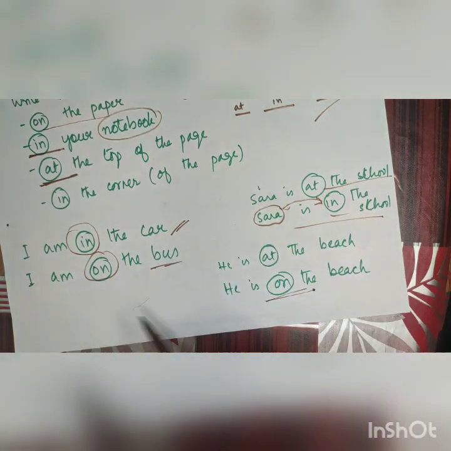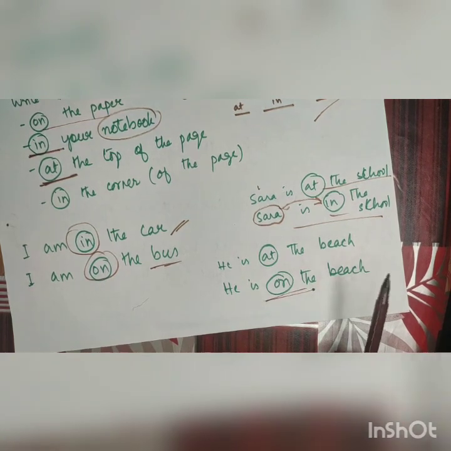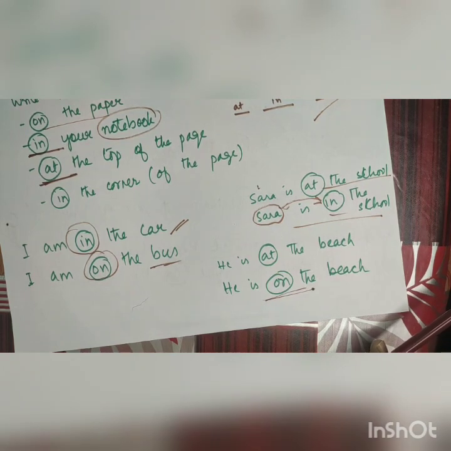There are certain small exceptions that we are going to study. Any confusion that you feel, you can ask me in the comments. One thing that is very important: you cannot learn prepositions alone. The more you learn or read English sentences, the more you will learn to see the context in which it is used.